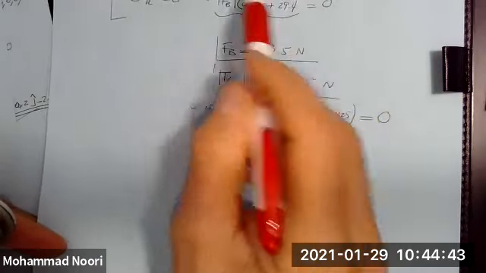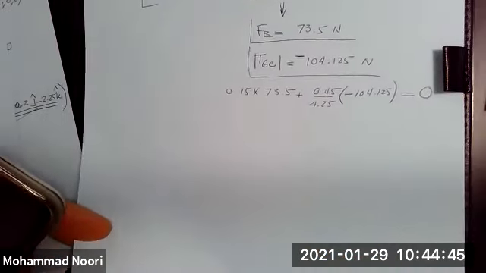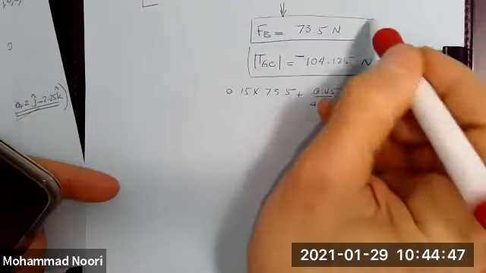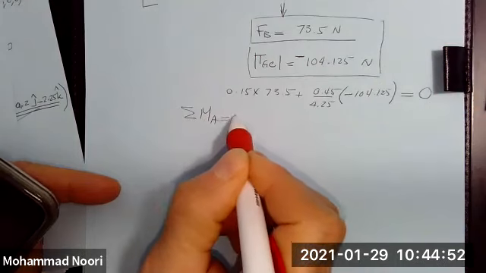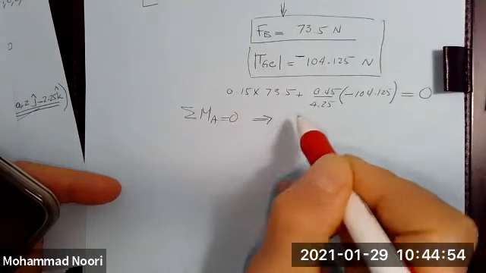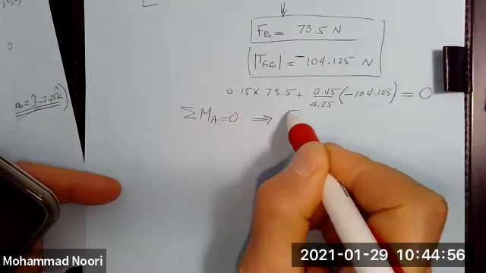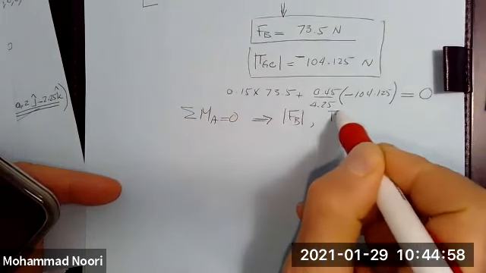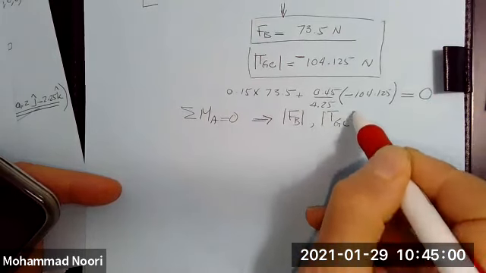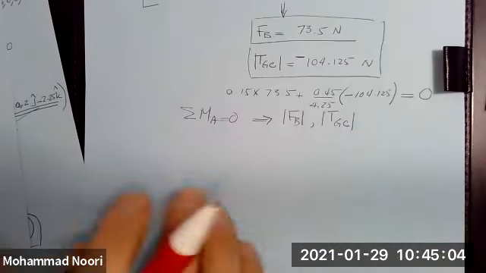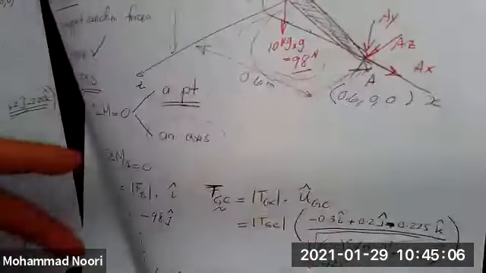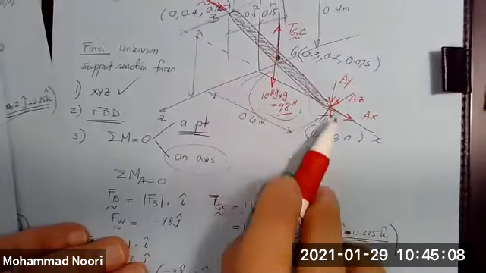That confirms the solution. So by using summation of moments about a point equal to zero, we found two of these unknowns, FB and TGC. Now, how many more unknowns do I have left? If you look at the problem, these three.